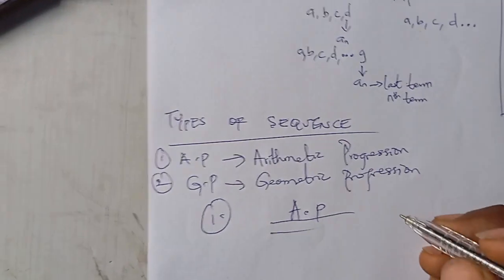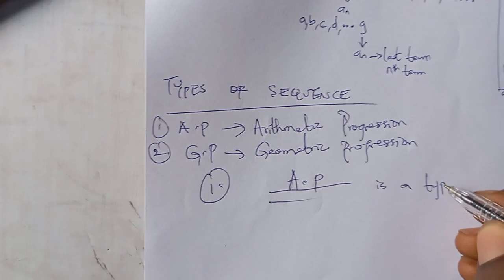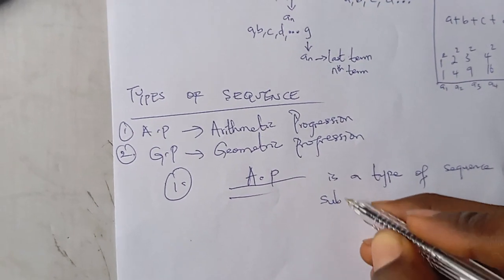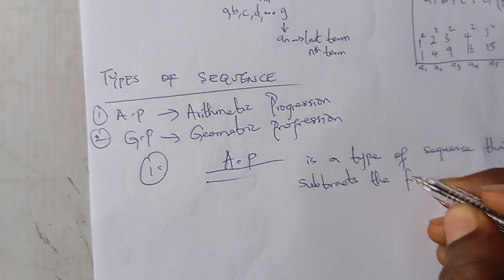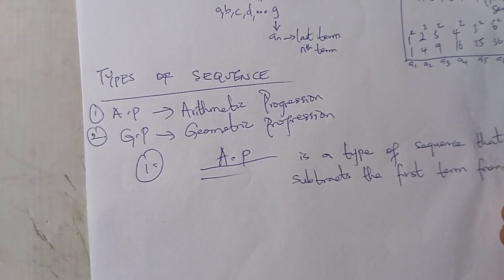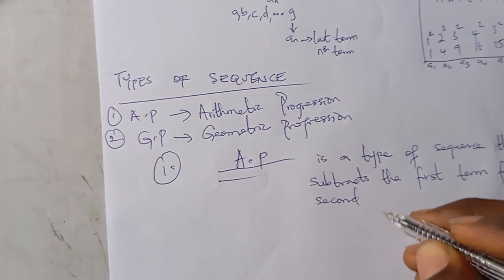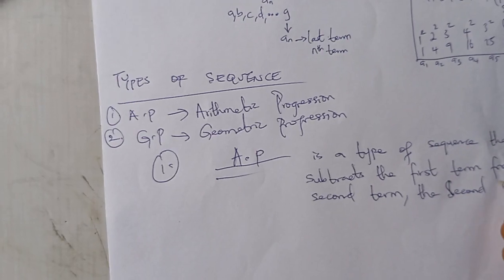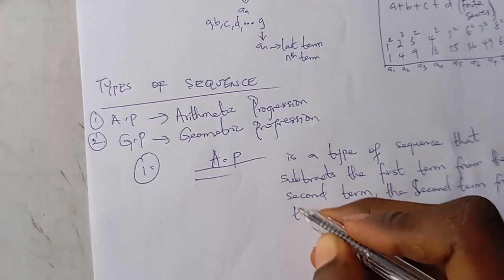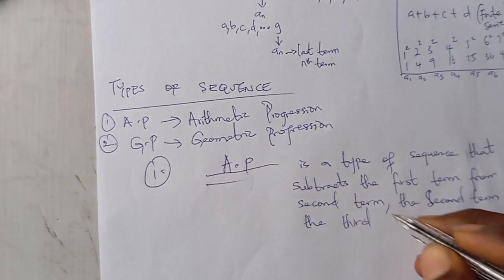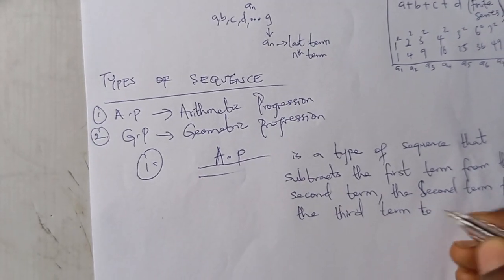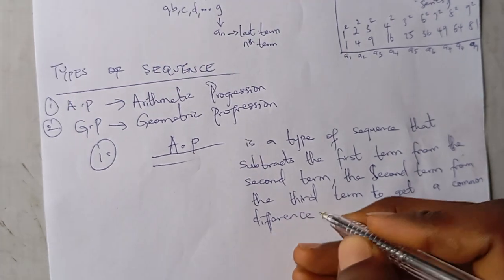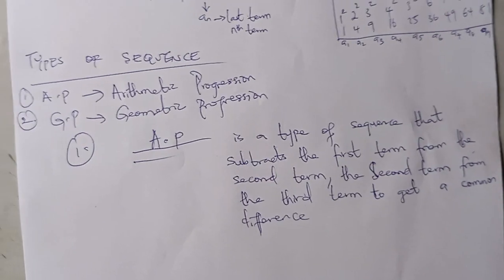I normally tell my students that an AP, or an arithmetic sequence, is a type of sequence that subtracts the first term from the second term, the second term from the third term, to get a common difference.